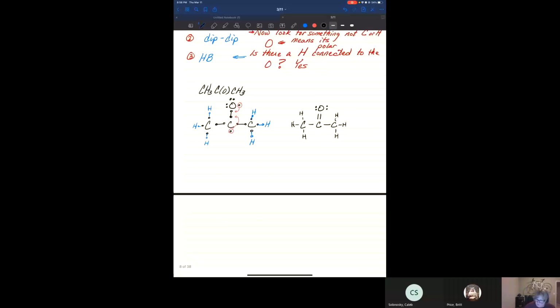Now again, what intermolecular forces? Right off the bat, I know LDF. Is the molecule polar? Does it have a polar bond?